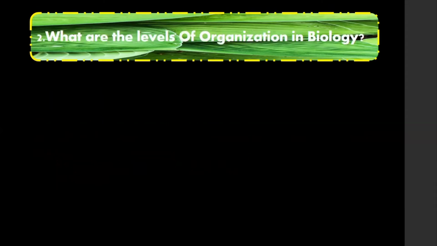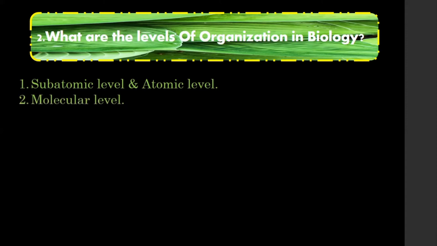Second point on our outline is what are the levels of organization in biology? So, number one step is subatomic level and atomic level. After this level, the second level is molecular level.